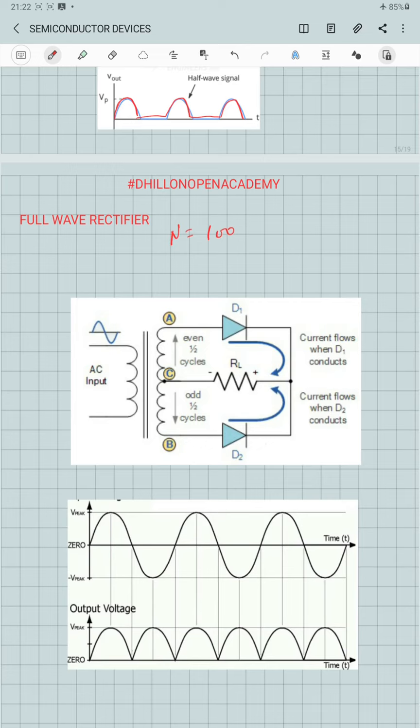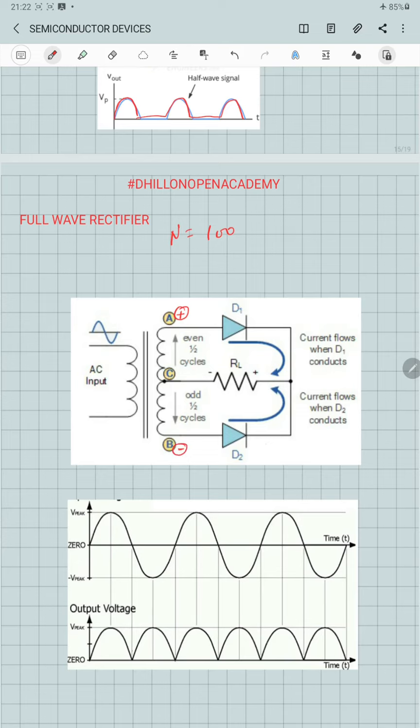Now when a step down voltage appears across the secondary of the transformer, higher potential appears at the point A, whereas the lower potential appears at the point B. That means point A behaves as a higher potential point, that is it acts as a positive terminal, and B acts as a negative terminal.